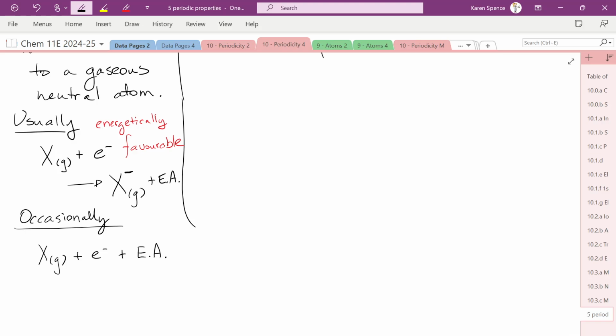We might have to jam it in rather than it just falling in, right, and releasing energy along the way. We're pushing it in and it's being repelled, so we have to jam it in. Okay, so you got two choices. Either it just falls naturally, or there's enough repulsive force that you have to shove it in. And you would still end up with X minus gas. It's just that it would be a positive value there.